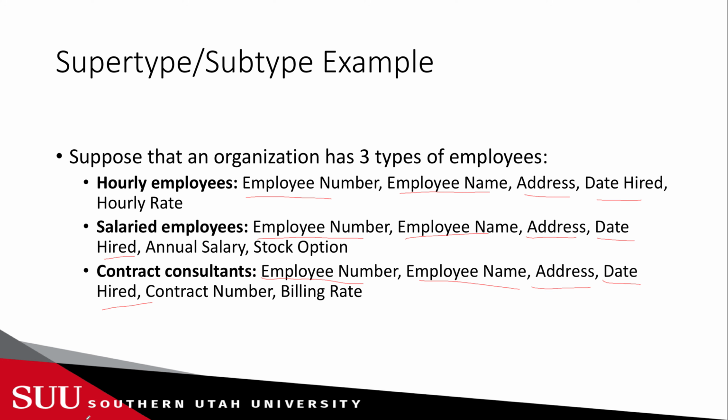Now, what I have in terms of unique attributes are a little bit different. So if I'm looking for unique attributes right here, I have hourly rate that is unique to hourly employees. I have annual salary and stock option that are unique to salaried employees. I have contract number and billing rate that are unique to the contract consultants.